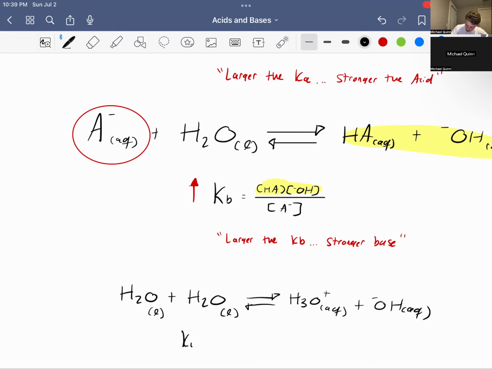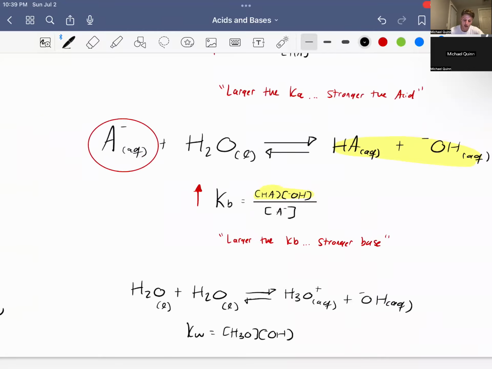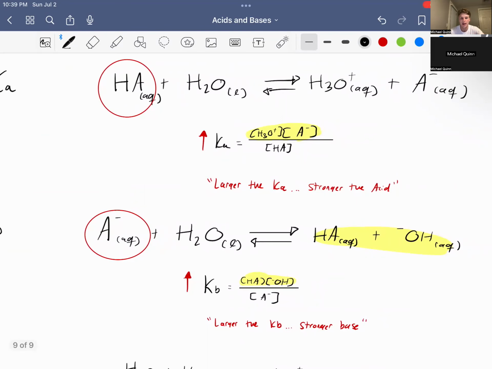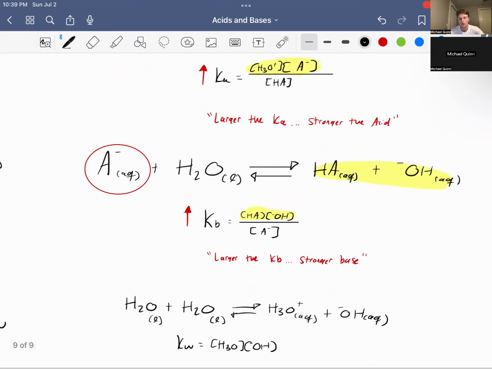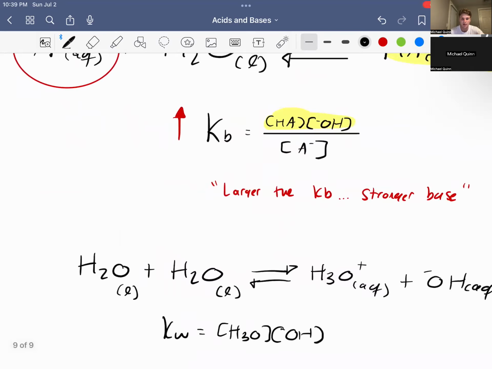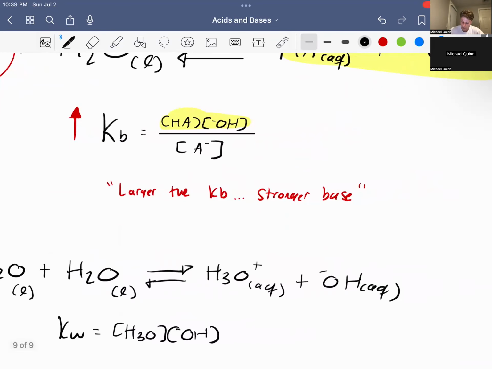Kw for this reaction is H3O+ times OH-. Now, for Kw, it's a little bit different because we are not changing our acid or base like we are in these other two reactions. So we can't really say it's a larger value for a stronger acid or base. The reactants are always the same. What this does depend on is temperature.